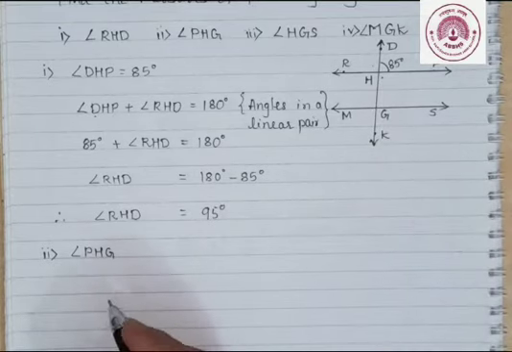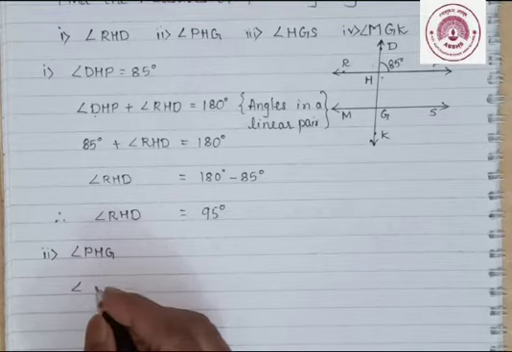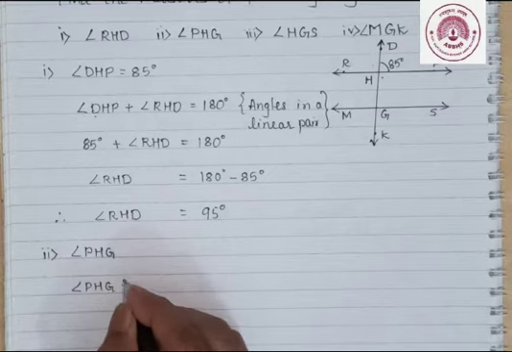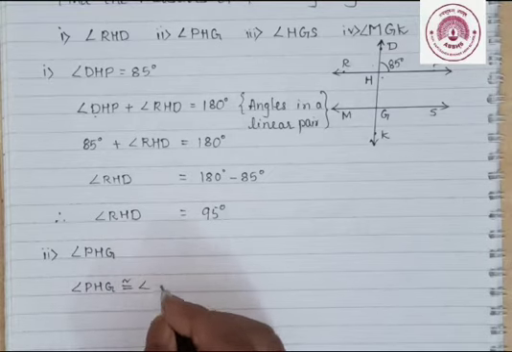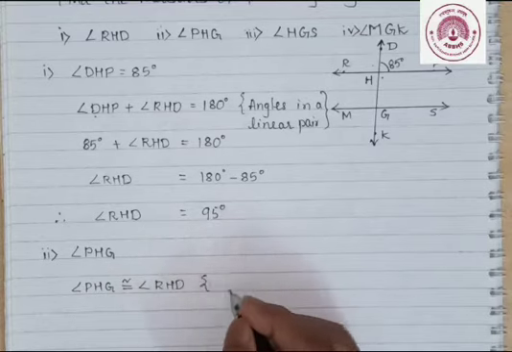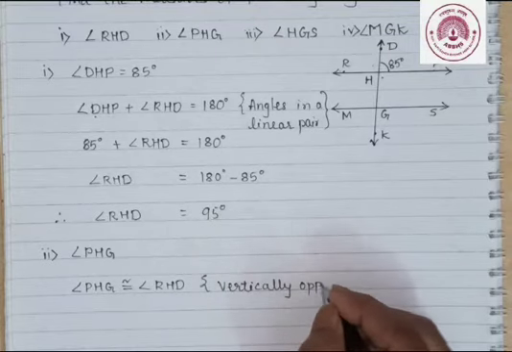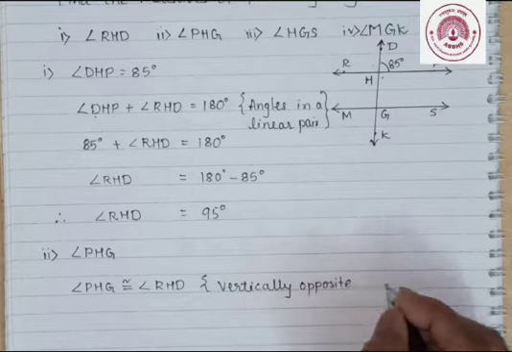So let's write angle PHG is congruent with angle RHD. What is the reason? Vertically opposite angles.